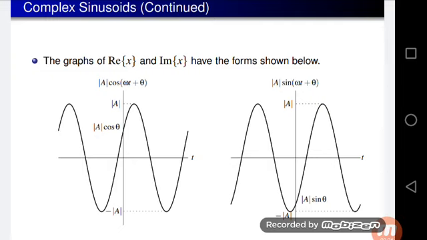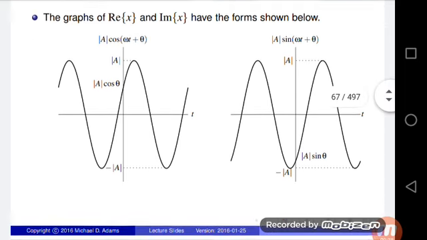The first wave represents the real term and the second wave represents the imaginary term.